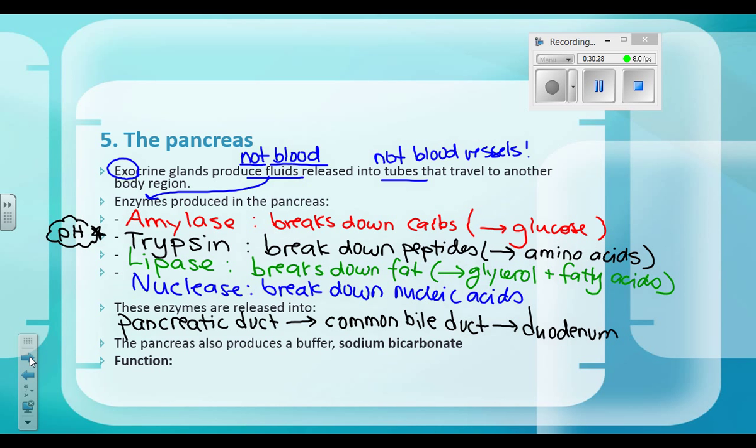Now your pancreas, like I said on the first page, produces a buffer. The buffer is sodium bicarbonate. If you are at all chemically inclined, you might be aware that that is what baking soda is. What would be the function of this? To neutralize stomach acid.